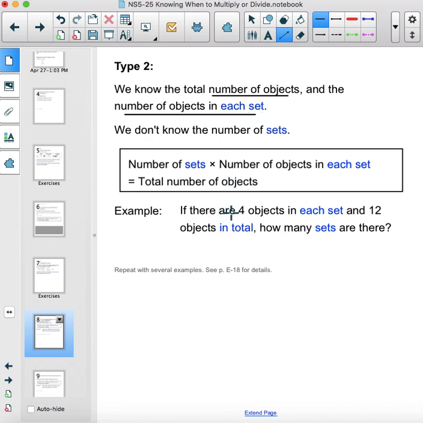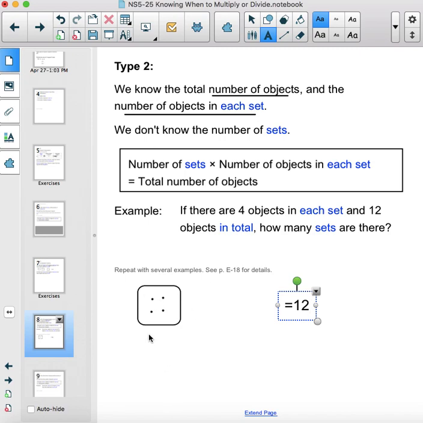So for example, if there are 4 objects in each set, so this time I'll draw it out with 4 objects in each set. 1, 2, 3, 4, and here's a set. And I know I have 12 altogether. I have to figure out how many of these boxes I needed to get 12.